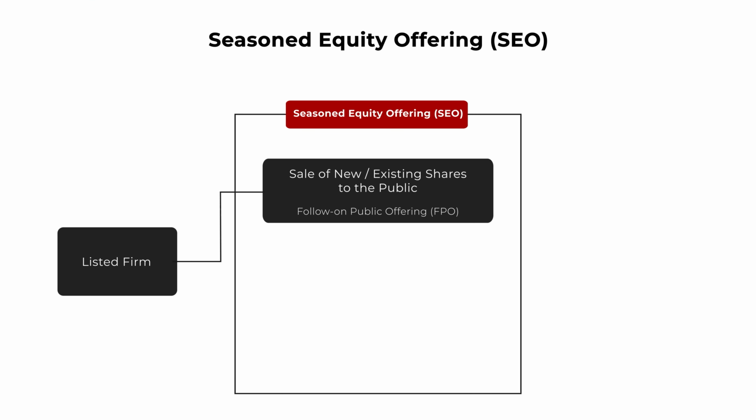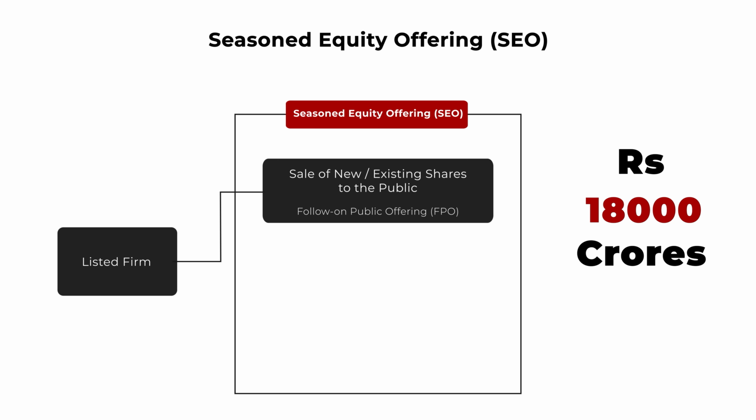In an FPO, shares are intended to be issued to outside investors. However, existing shareholders are also free to participate in an FPO. Recently, that is in April 2024, Vodafone Idea raised close to 18,000 crore rupees through an FPO.